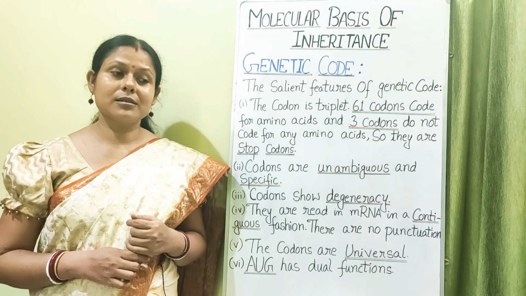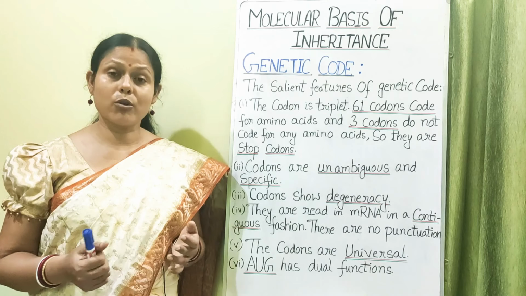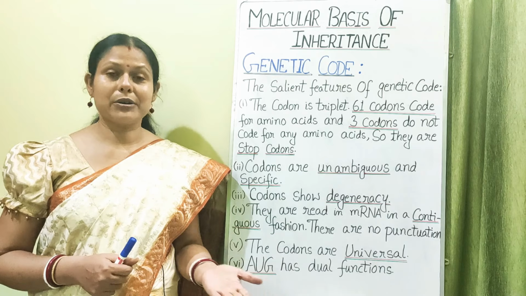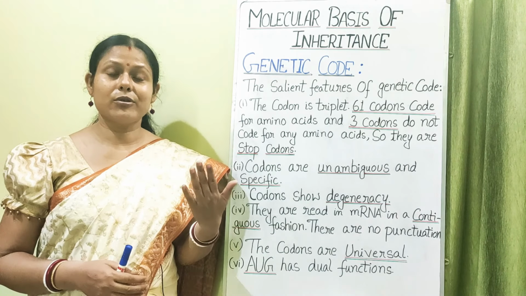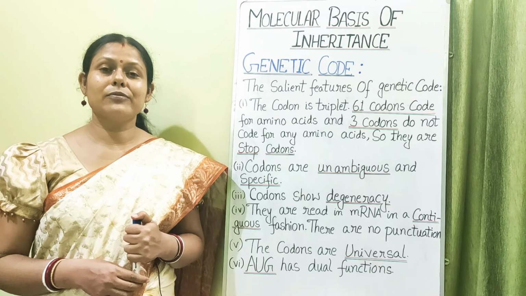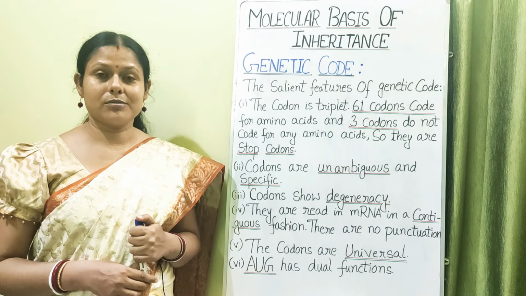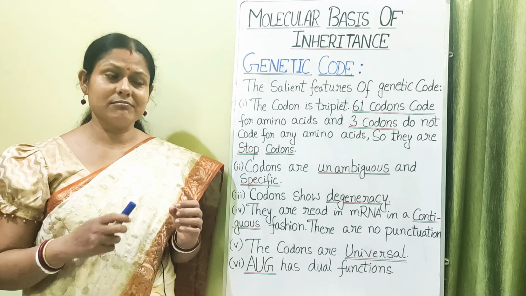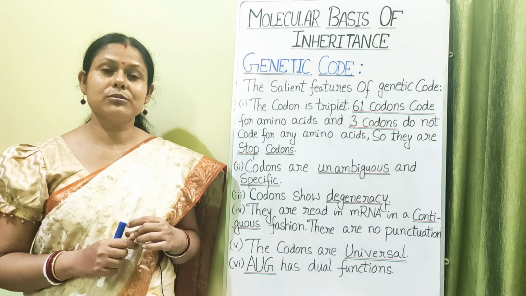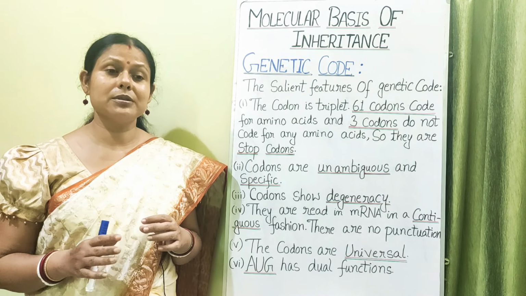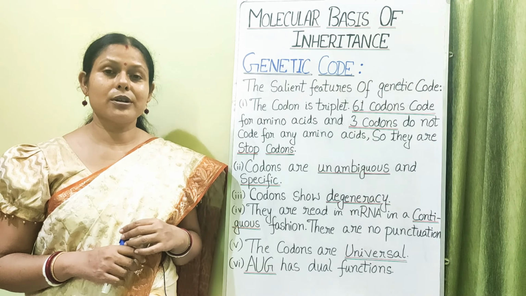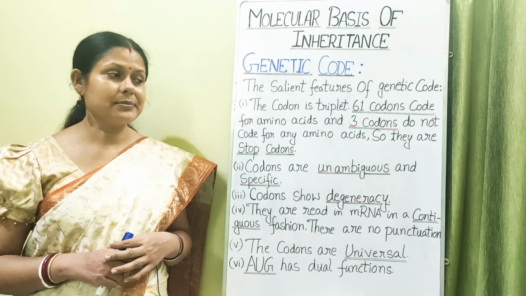Now there were various scientists from various disciplines who came forward and worked together. There were people from biochemistry, there were physicists, people from different backgrounds, and they all tried to find out what could be the possible way of finding the genetic code which would be responsible for the coding of the amino acids.